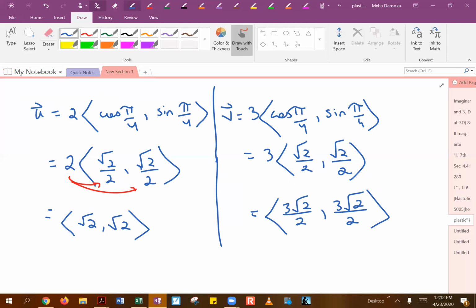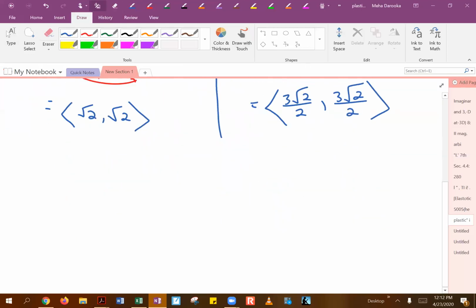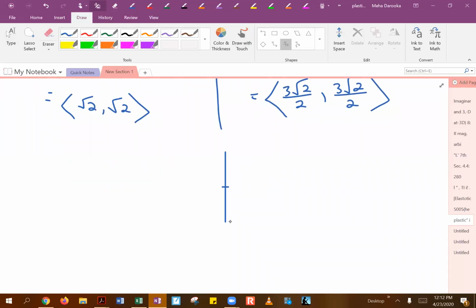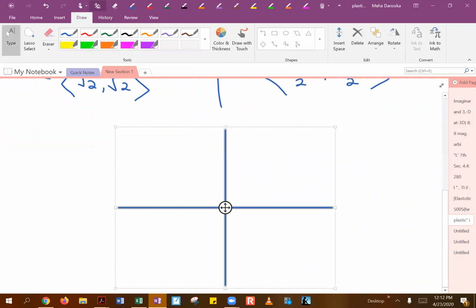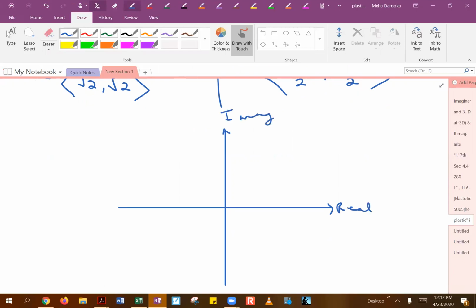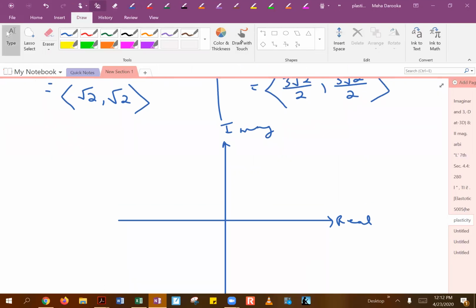Okay, now if we had to graph these guys, where would we graph them? At the decimal approximation for root 2, 2. Yeah, so square root of 2 is approximately 1.4.